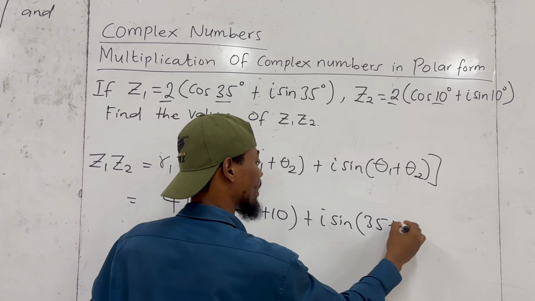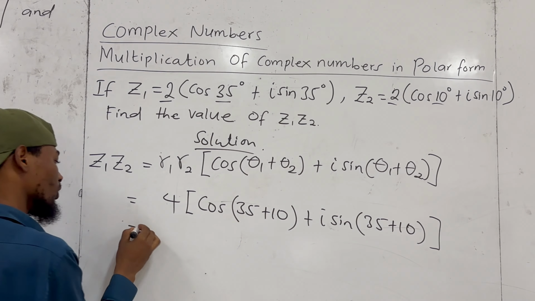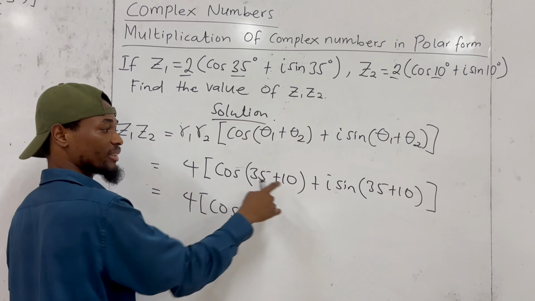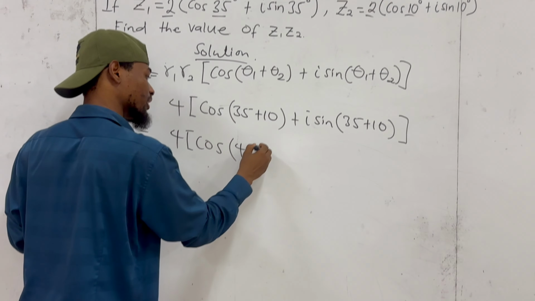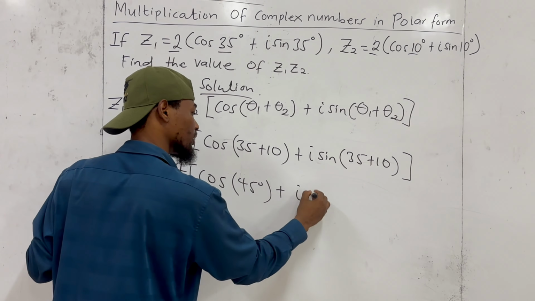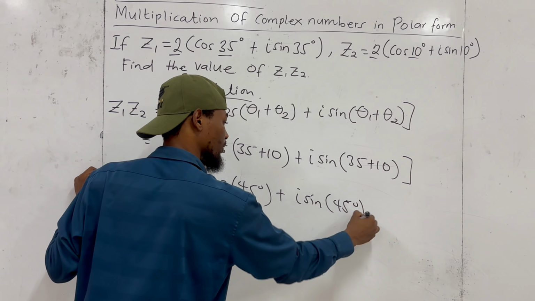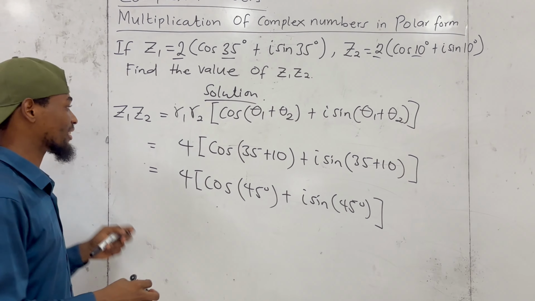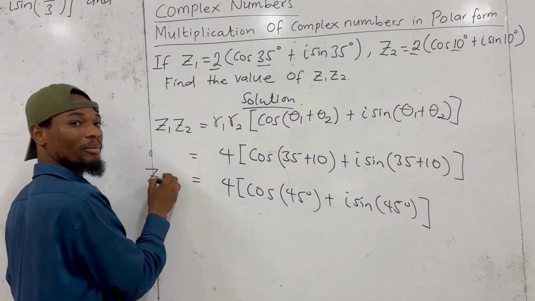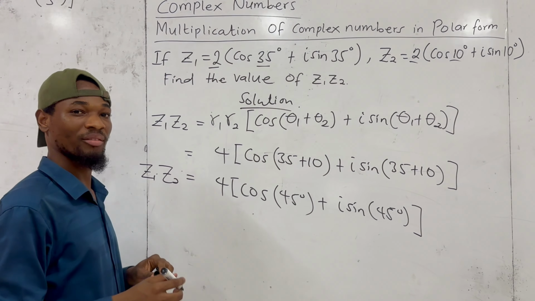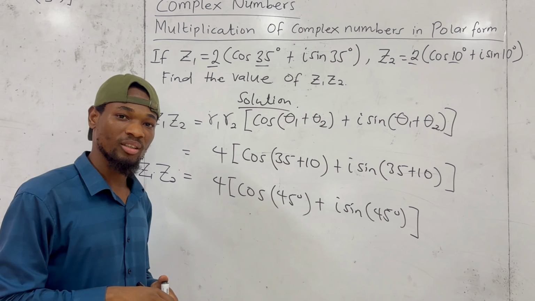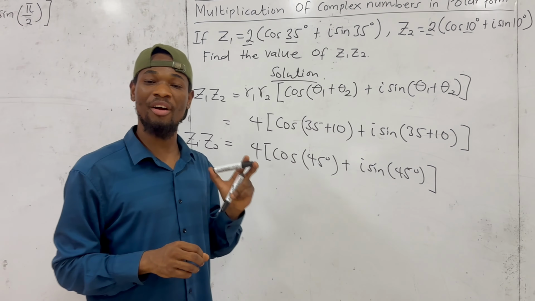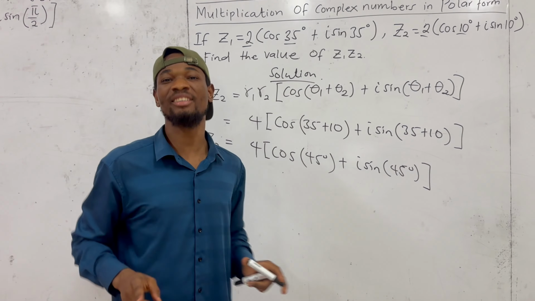So I have 4, then cos, this plus this gives 45 degrees, then plus i sine 45 degrees. Viewers, this is the answer to the question, z1 multiplying z2. Have you seen how simple it is? So for the Tindanious Maths and Science YouTube channel, math is going to be very, very fun and easier.